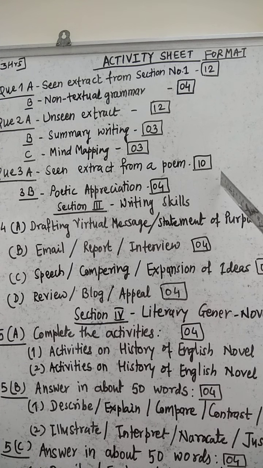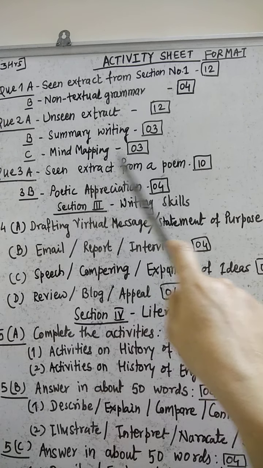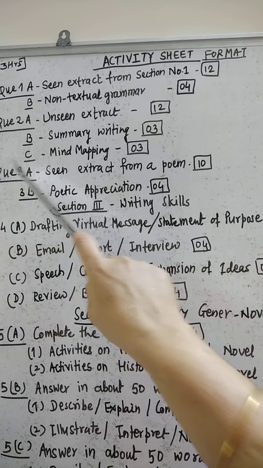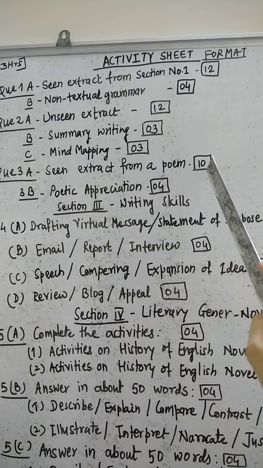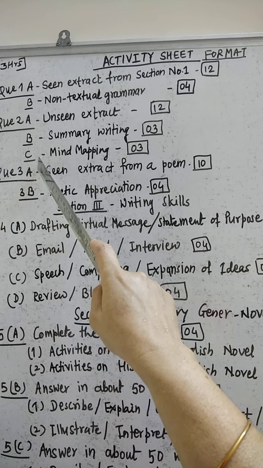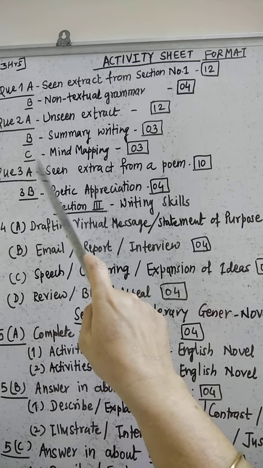Now question 3 is actually section 2 of our textbook. This deals with the poetry section. The poetry section also carries a total weightage of 14 marks, and it is divided into two questions, 3A and 3B.